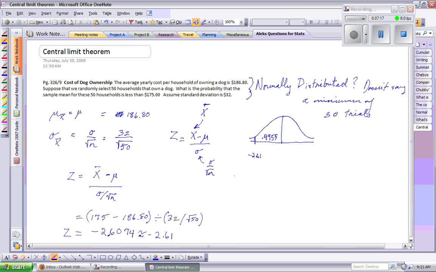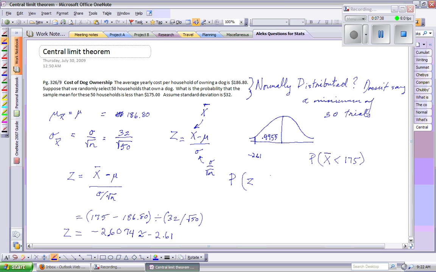Let me go back one step, we're interested in the probability that the x bar is less than 175.